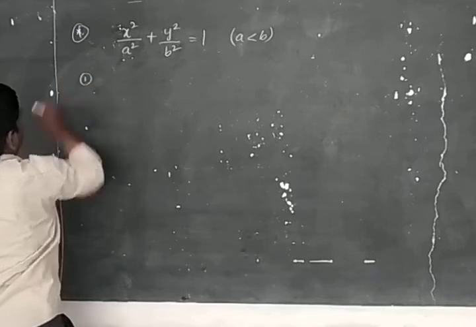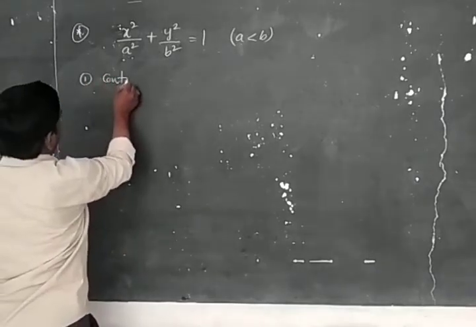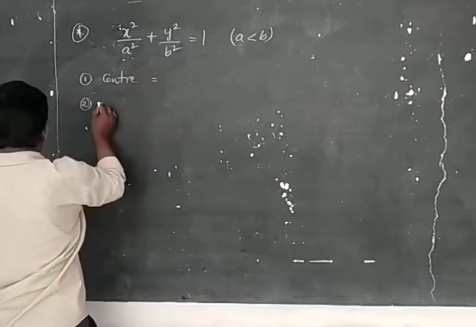The first component is the center, and the second one, vertices.